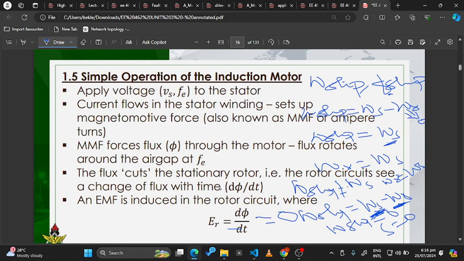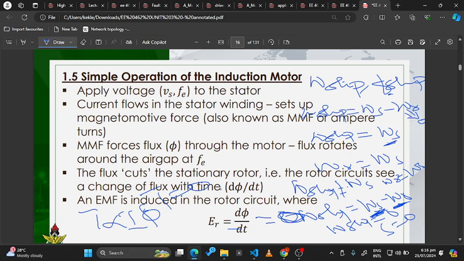It means your ER will now be equal to zero. If your ER is zero, it means no EMF is in the rotor, so no current will flow in the rotor. And we know that torque is proportional to the current and the flux. So if there's no EMF and no current through the rotor, then your torque will be equal to zero.